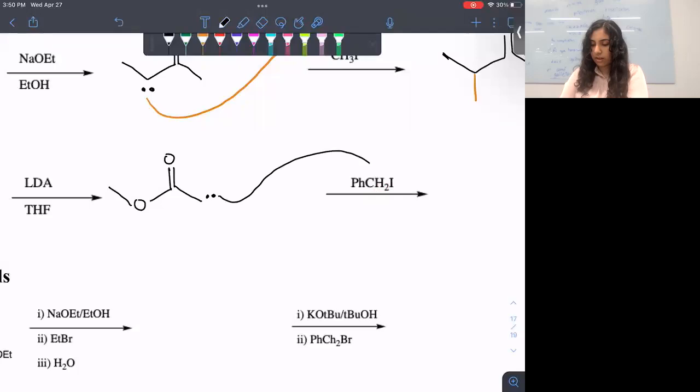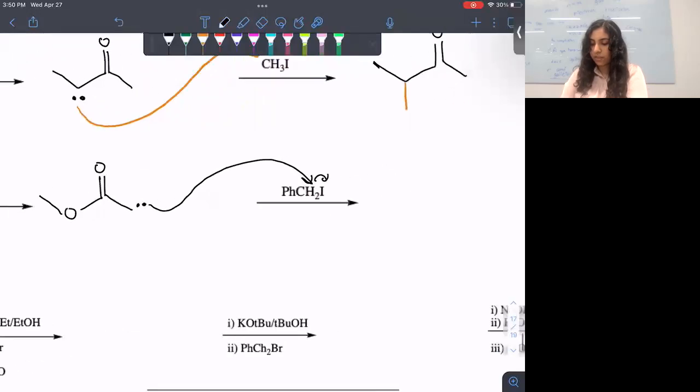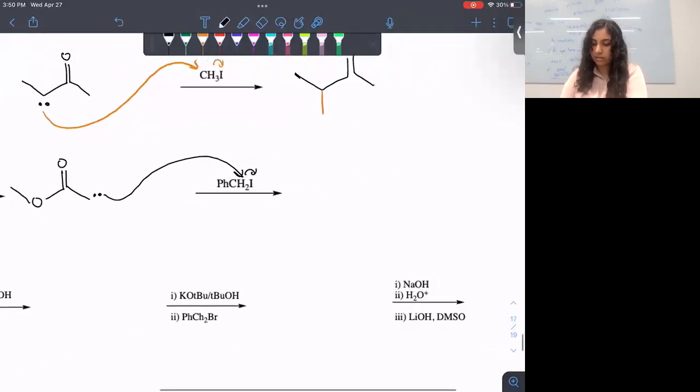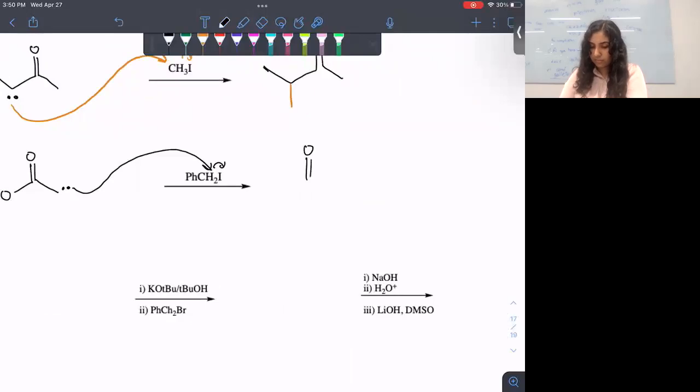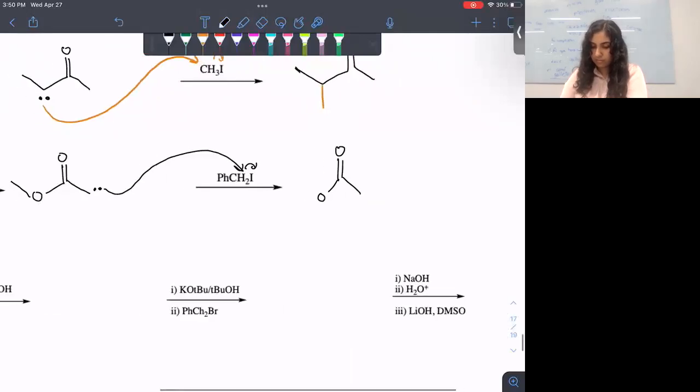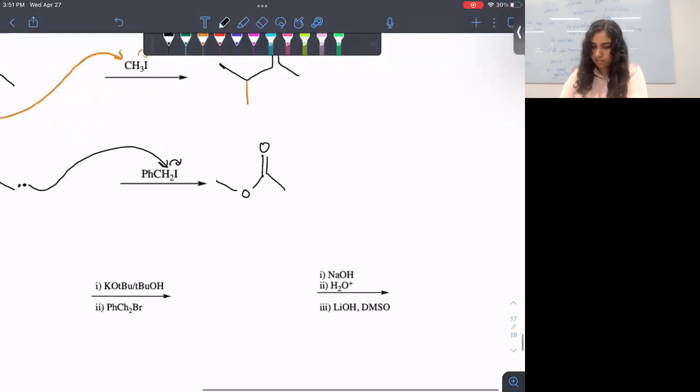So it's just going to attack the CH2, the I leaves, and then we just get that substituted onto the ester. So once again, we just alkylated the alpha carbon, and that's all.